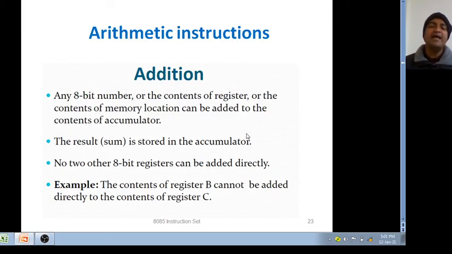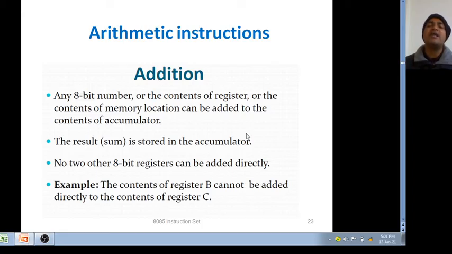We can add any 8-bit number, or the contents of a register, or the contents of a memory location with the accumulator. It means the destination operand will always be the accumulator. The source operand can be an 8-bit number, immediate data, a register, or a memory location. And as the name indicates, the accumulator stores the result after any arithmetic operation.